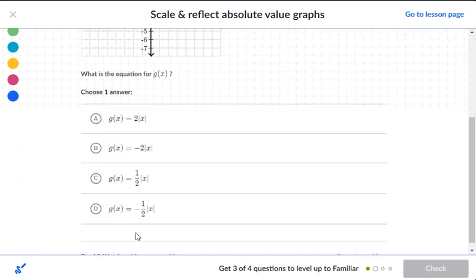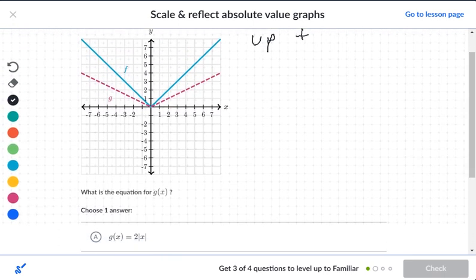So if we look at our possible choices here, we know that D is not going to work, and we know that B is not going to work as well. So what we're looking at is a 2 and a 1/2 here.